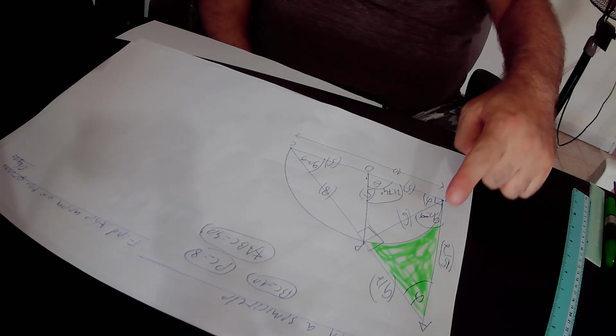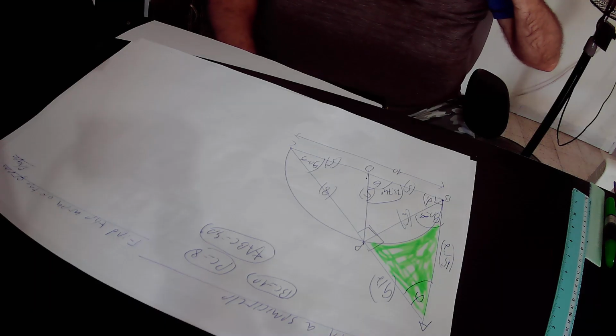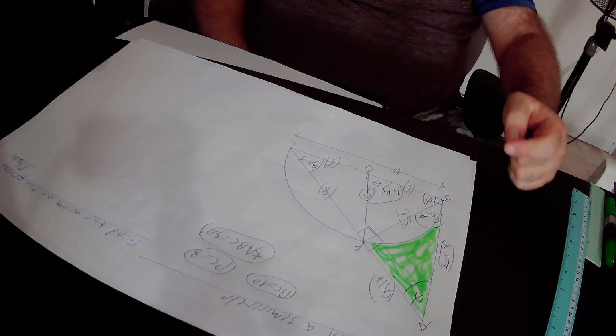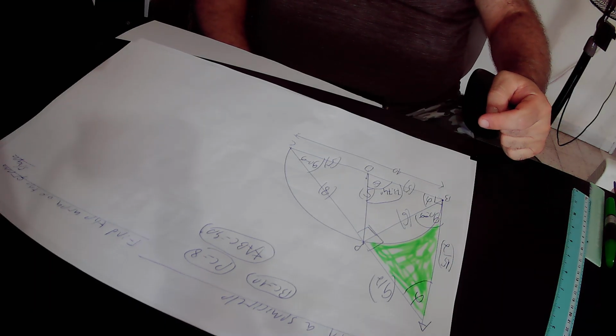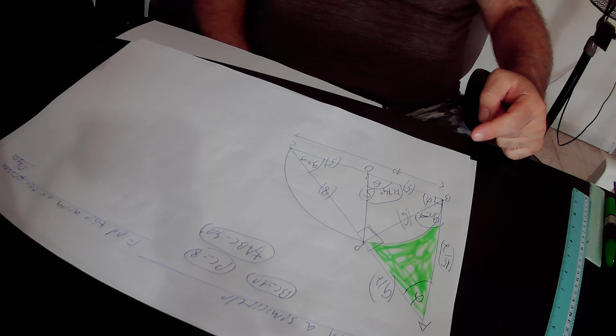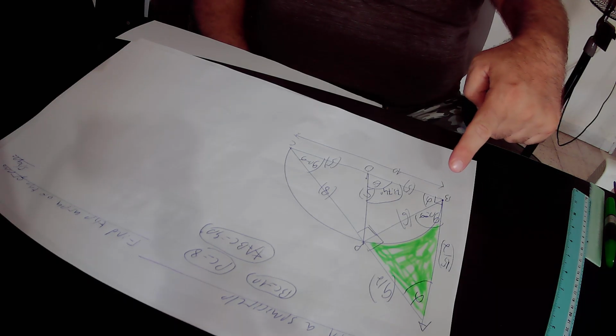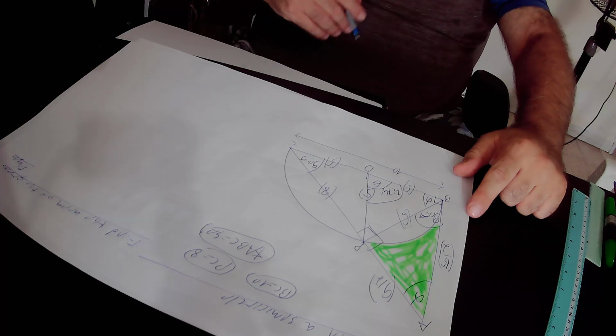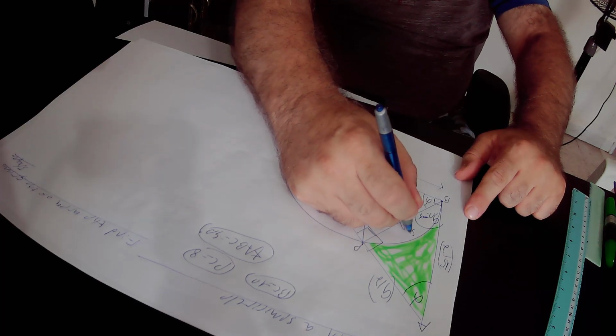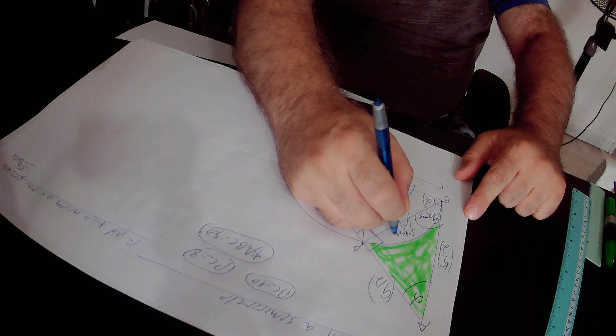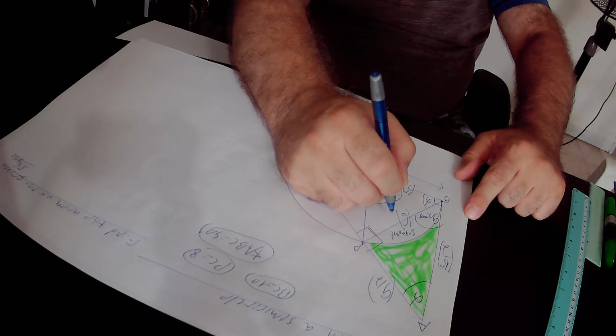Our task was to find out the area of this green shape. In order to find the area of this green shape, first of all, we have to find the area of segment BP. This is segment BP. So what is the area of segment BP?